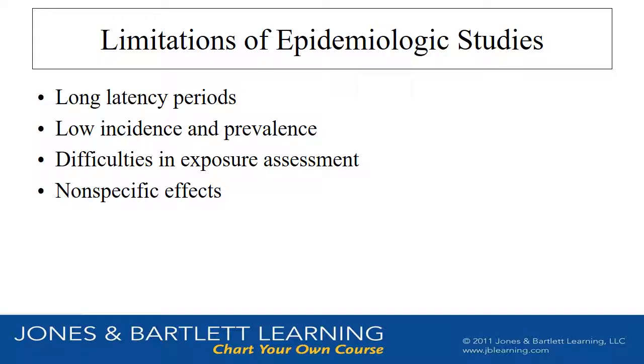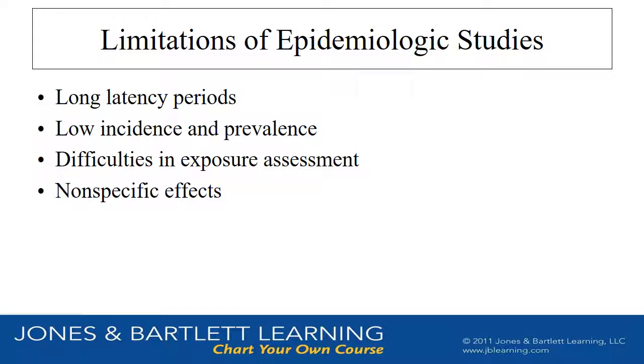There are many limitations of epidemiologic studies, particularly around chronic disease like diabetes or non-communicable disease like cancer. With those diseases, there may be very long latency periods that make it hard to link the environmental exposure to the outcome because the outcome happens decades later. Often the diseases that we're talking about that have significant impact but may be very infrequent in the population are difficult to measure.